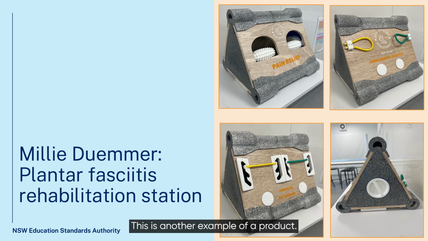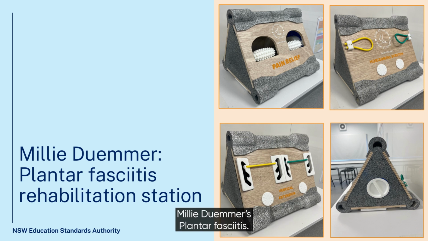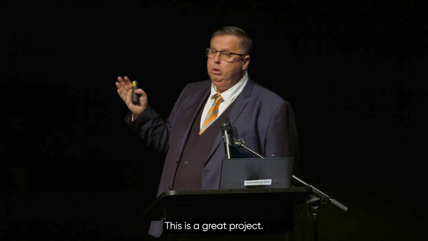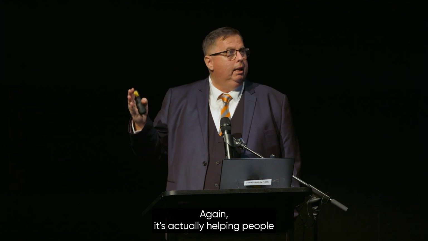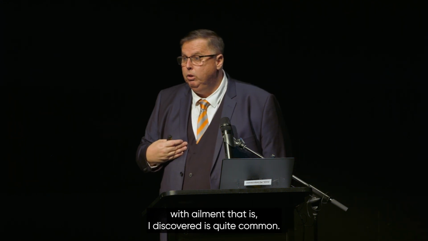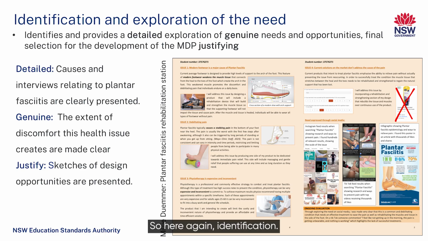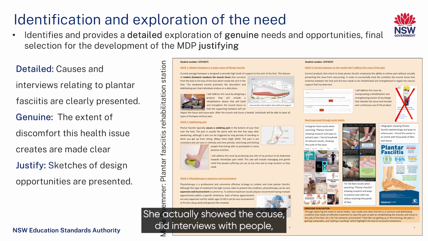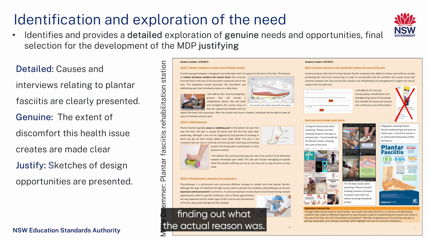This is another example of a product. Millie Dumas, plantar fasciitis. This is a great project. Again, it's actually helping people with an ailment that I discover is quite common. So here, again, identification. She actually showed the cause, did interviews with people, finding out what the actual reason was.